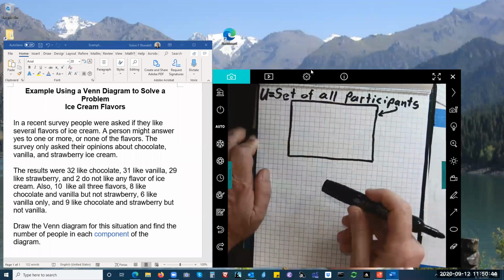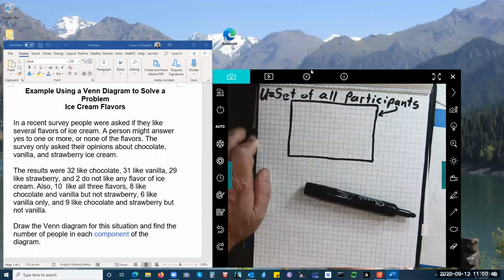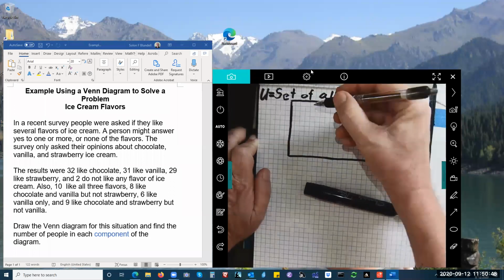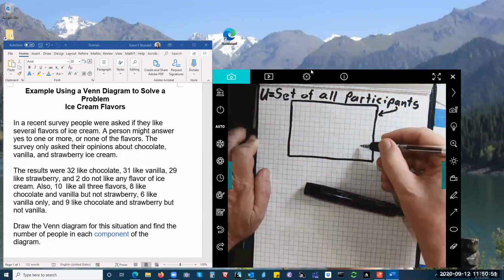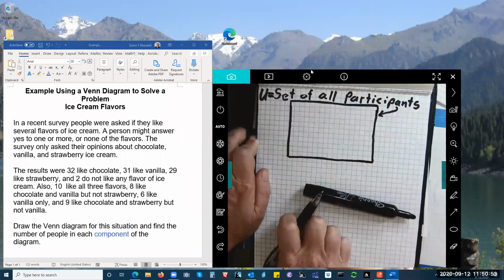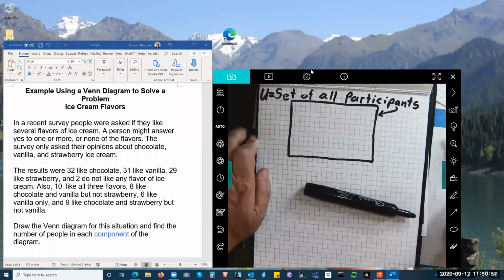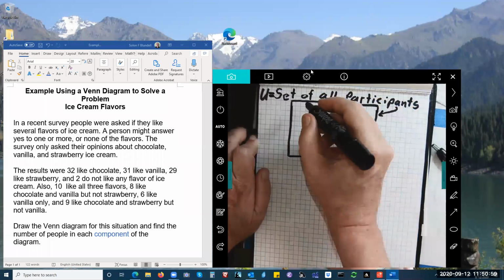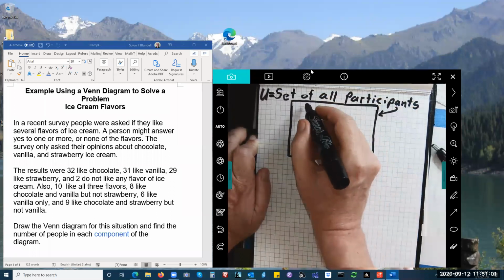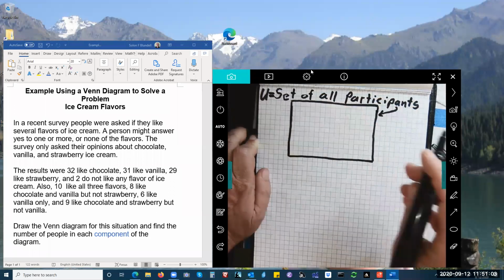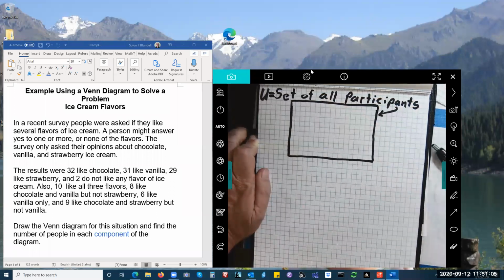Now, what you imagine is that each little dot, each point inside this square is a person, a participant in the survey. And then we have the ones who like chocolate.